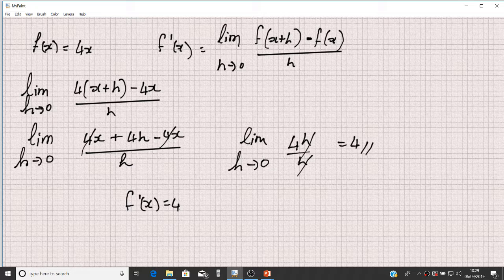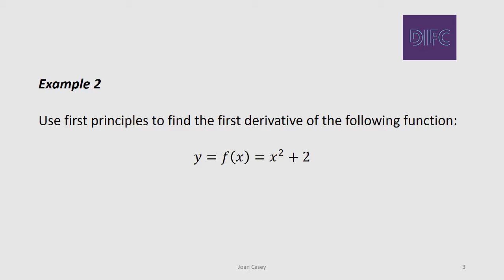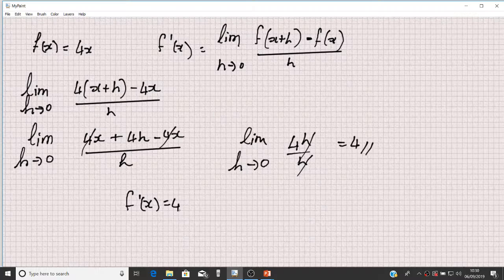Okay, so we'll look at another example, and the next example we're looking at is: use first principles to find the first derivative of the following function. f of x equals x squared plus 2. So f of x equals x squared plus 2.